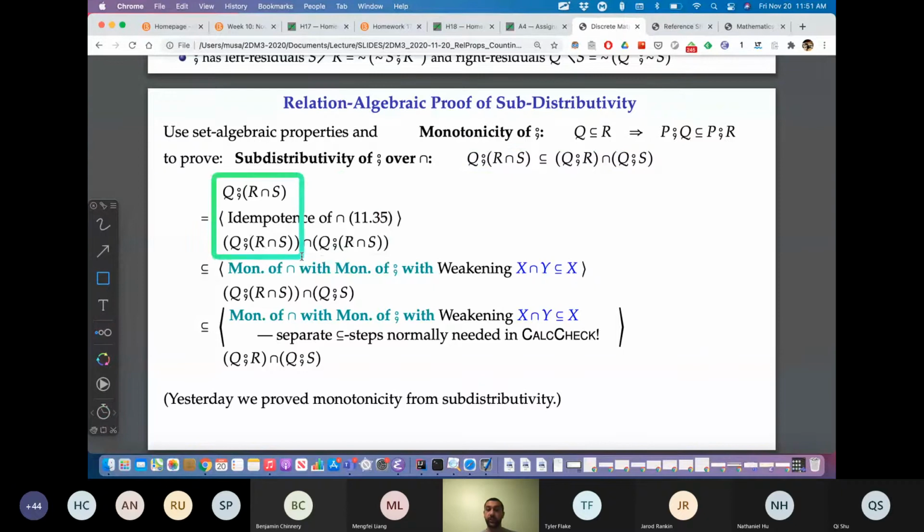We double up the expression because meet is idempotent. Remember, P and P is P. Then we say composition is monotonic, and I know R and S is contained in just S, and likewise, R and S is contained in just R. These are the weakening rules.